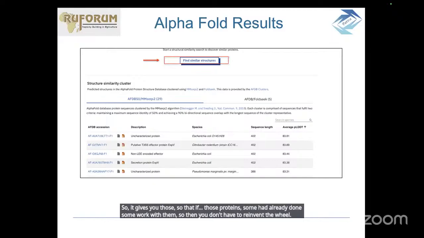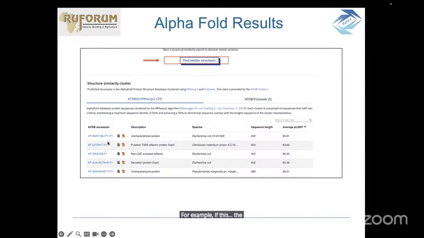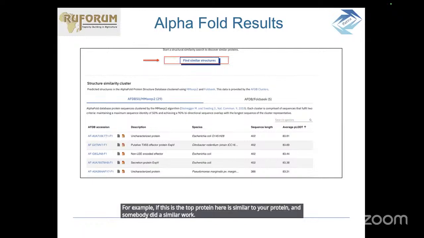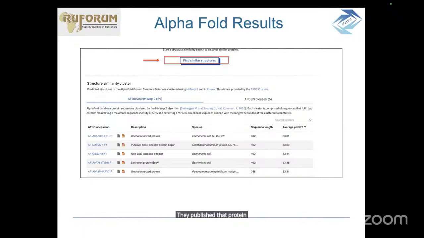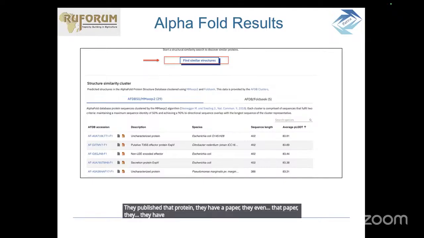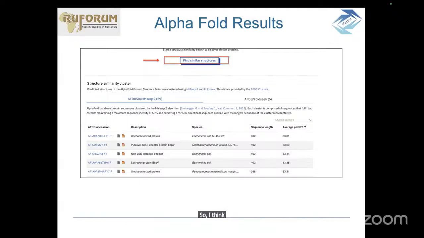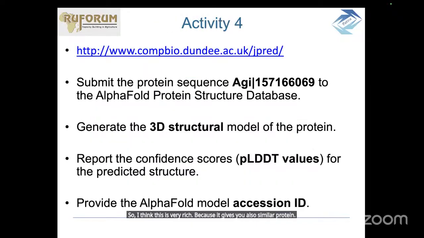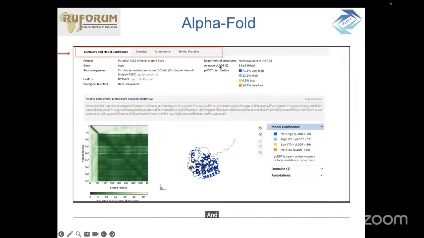For example, if the top protein here is similar to your protein, and somebody did similar work and published it, they have a paper with a methodology of doing mutational analysis that will help you a lot. So I think this is very rich because it gives you similar proteins and other things altogether. But I wanted to share this with you, how to interpret the results.